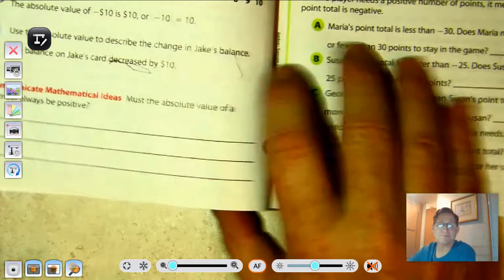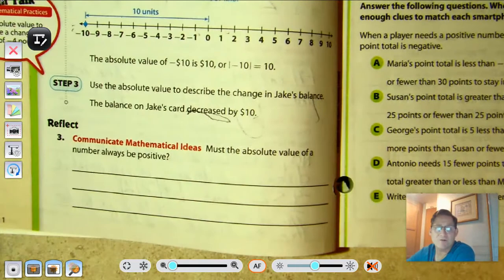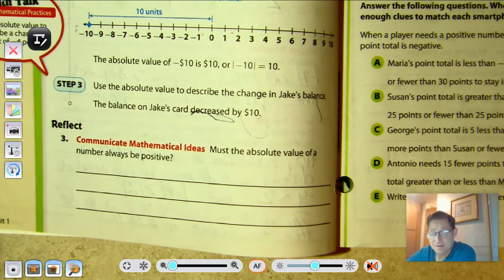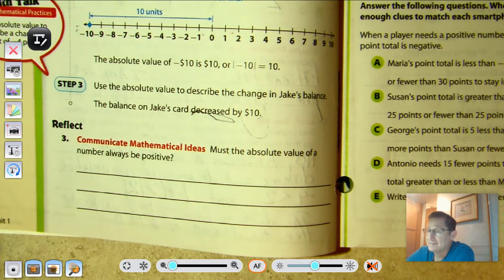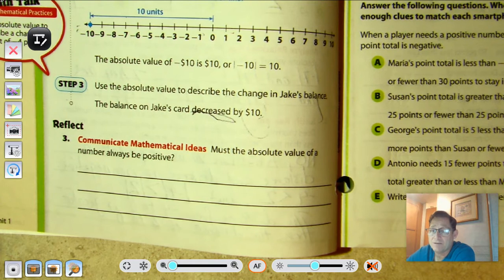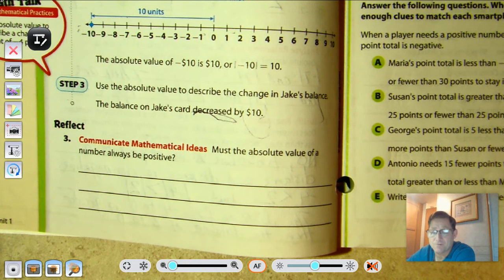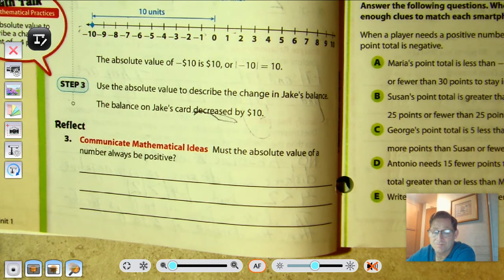All right, so number 3. Must the absolute value of a number always be positive? That's a tricky one, right? We talked about that in the sense that we said absolute value of a number must always be non-negative because we have to account for what number? 0.